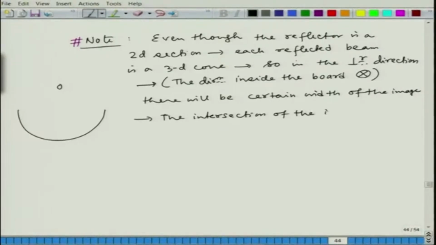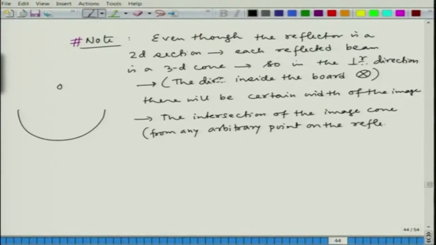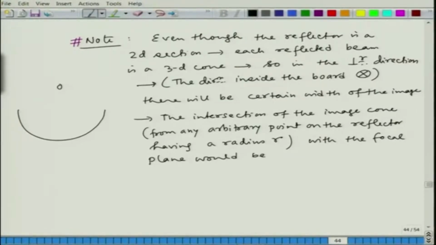Okay. So, the intersection of the image cone from any arbitrary point on the reflector, having a radius r, with the focal plane would be an ellipse. It is not a line, it is not a circle, but an ellipse.